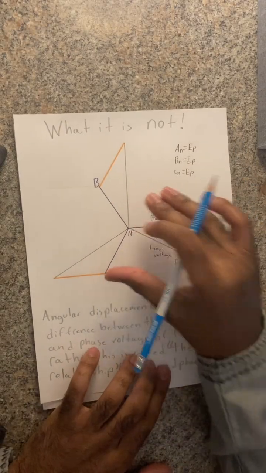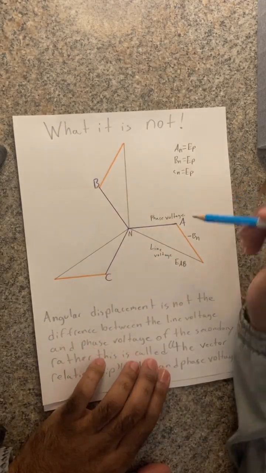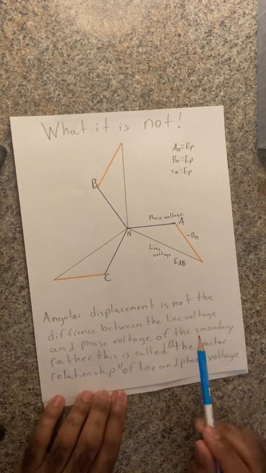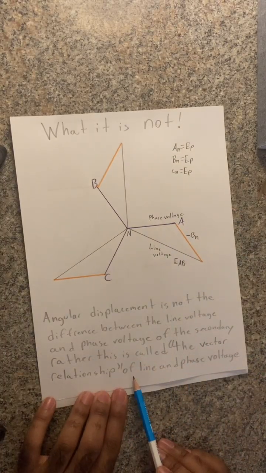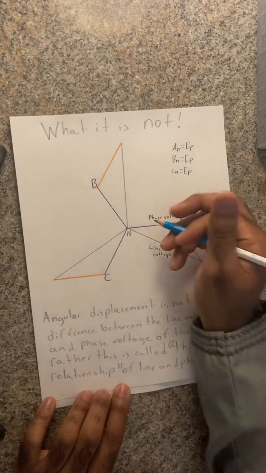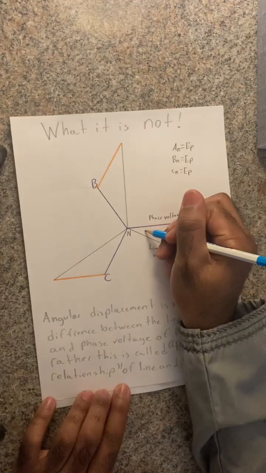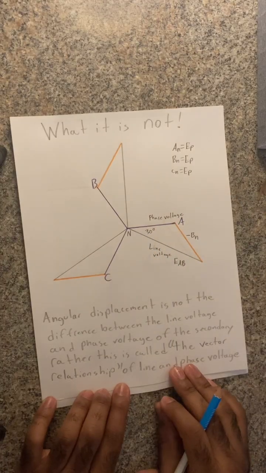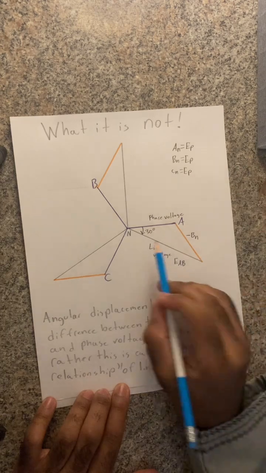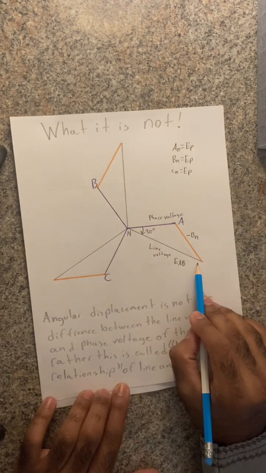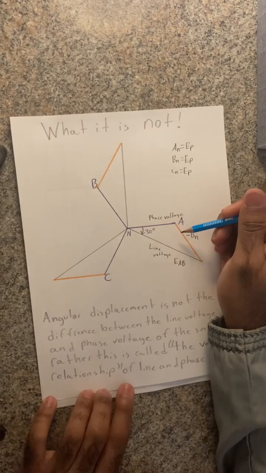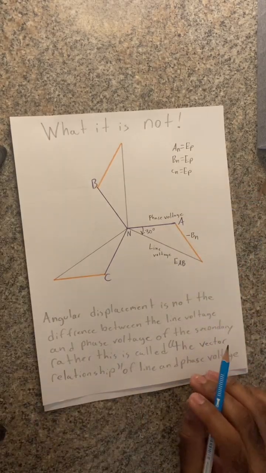This is a diagram that refers to, as was mentioned, the vector relationship of the line and phase voltage. That relationship is 30 degrees. That is, the line voltage is behind the phase voltage by 30 degrees.